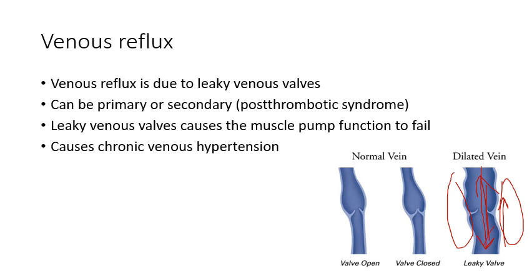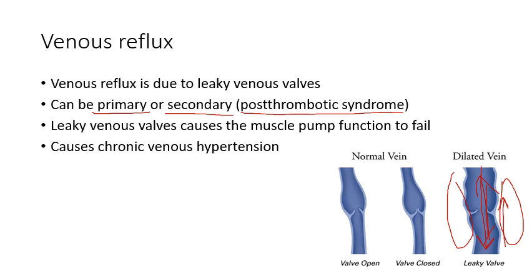This can be primary, meaning that a person might not have valves that work, or secondary, which is the most common. One main cause of secondary, or leaky, valves is something called the post-thrombotic syndrome, and we're going to talk about that.